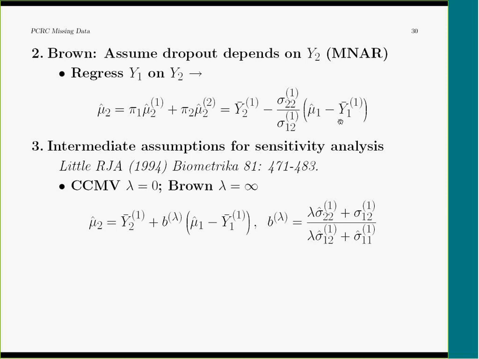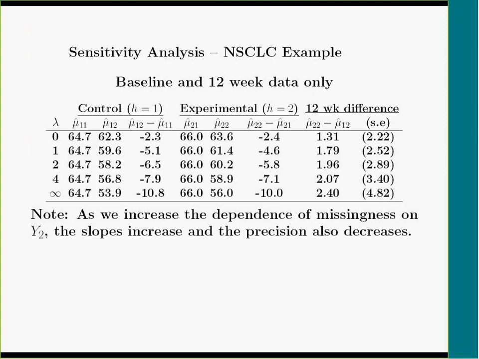He then talked about doing a sensitivity analysis, because it's rare in any one setting that it's all missing at random or all missing not at random. So what if we look across the values of lambda and see how it changes the analysis?